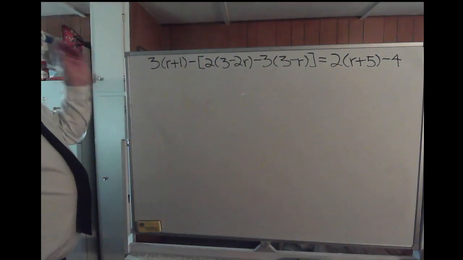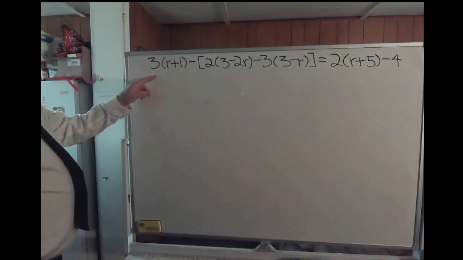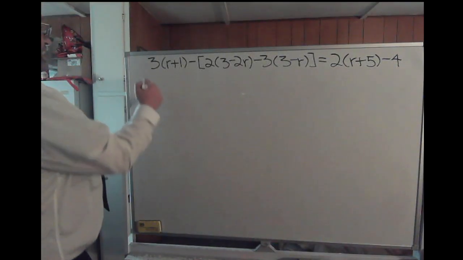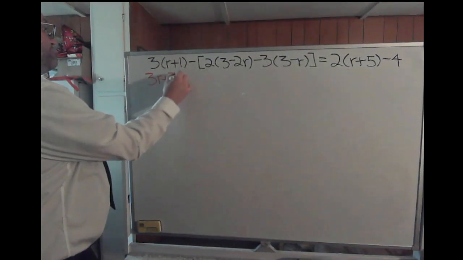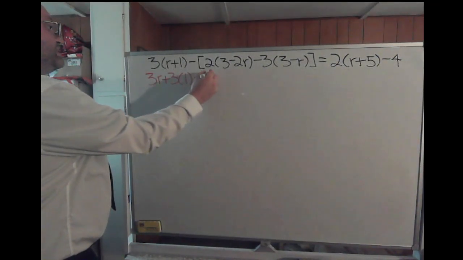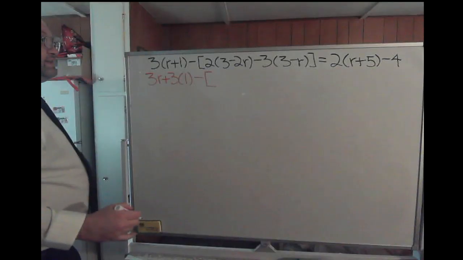Biggest thing to do here first, start with your distributive property on the leftmost term. So you'll have 3r plus 3 times 1 minus the whole thing in brackets.